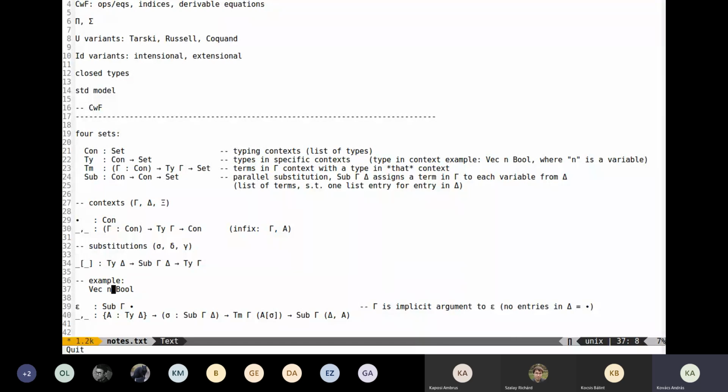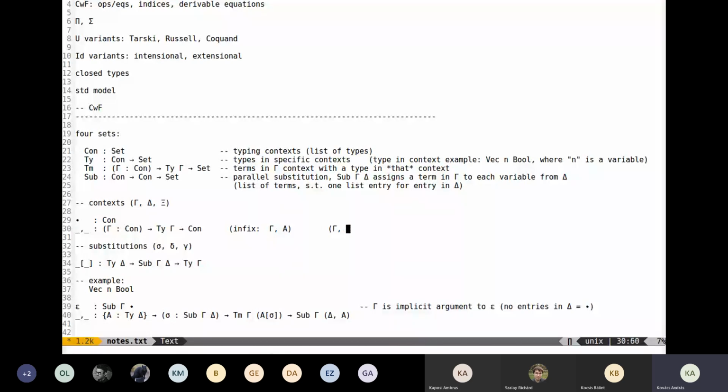So here in this example, I am still using the names for variables, but of course, formally we are only using De Bruijn indices, but we haven't yet introduced De Bruijn indices. So just for the sake of the example, I'm using names here. And likewise, we can have an informal notation for context as well.